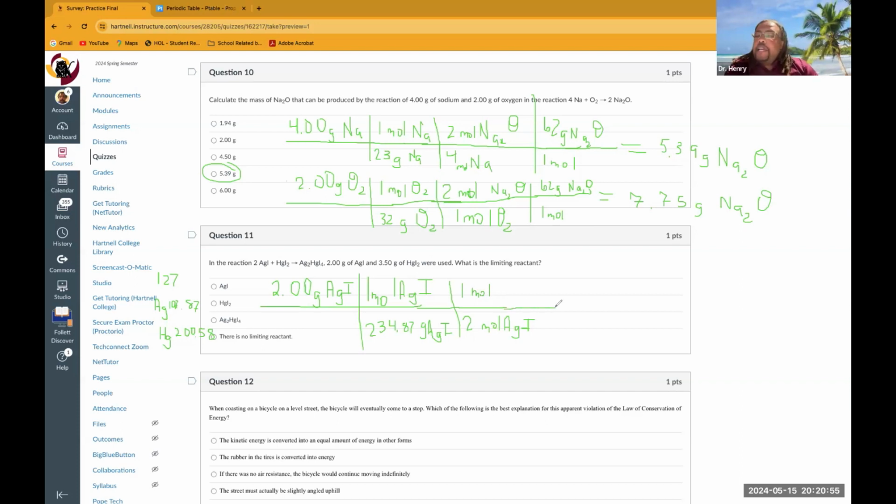So we don't have to find the grams. All we have to do is find the moles in this case, because they just want to know which one it is. So then we'll just go ahead and solve that. AgI to Ag2HgI4.